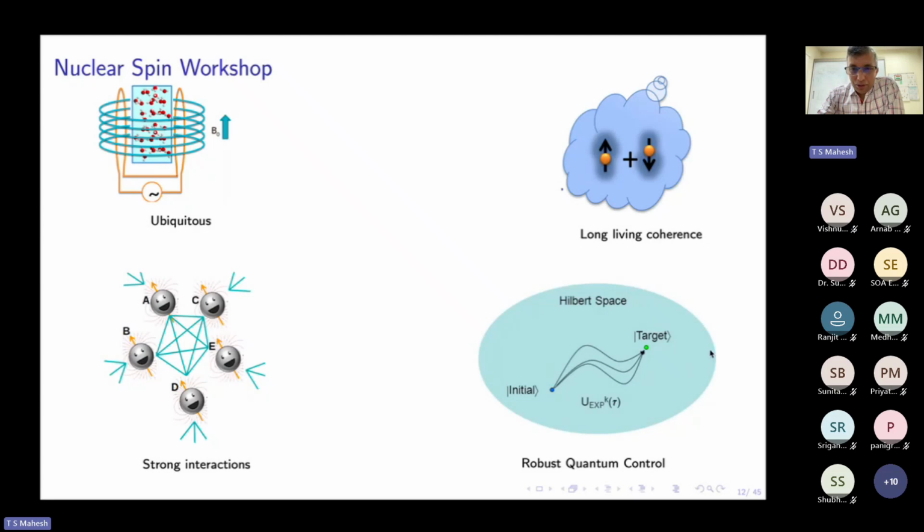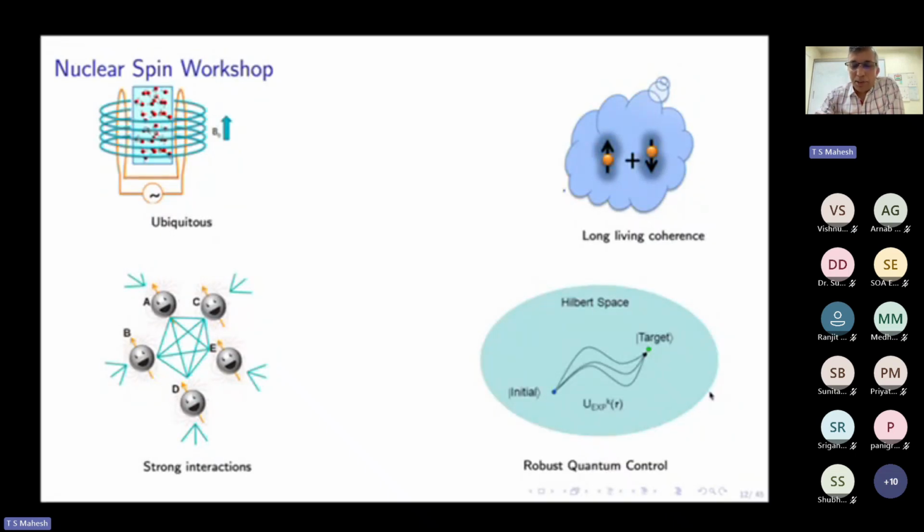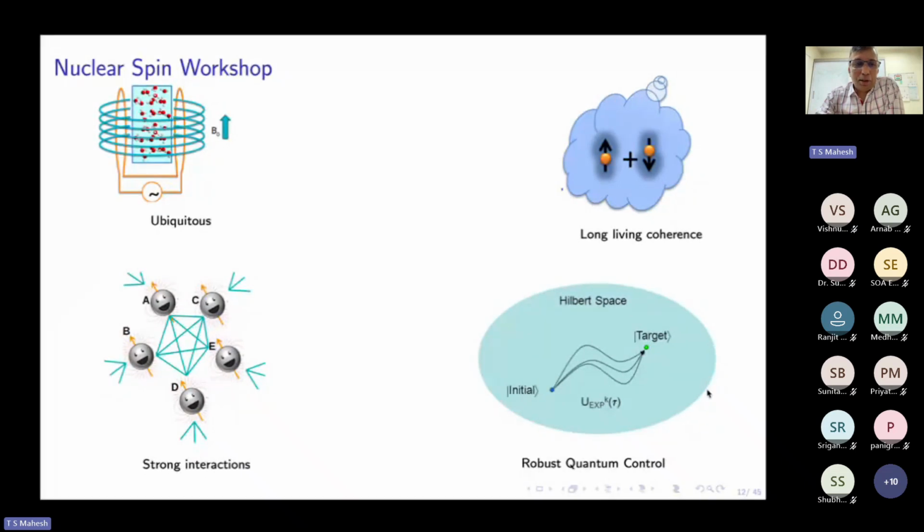So that is the whole job of quantum control, that we should be able to drive the quantum system with very high accuracy and very high precision to a desired target state.